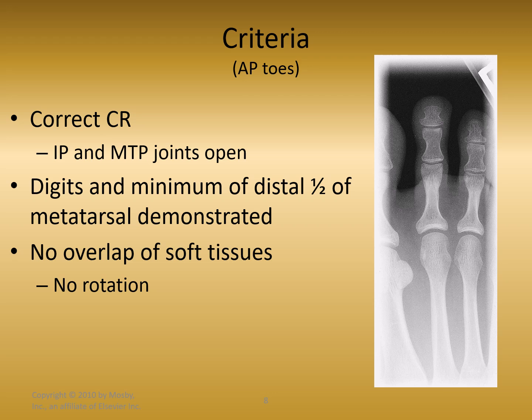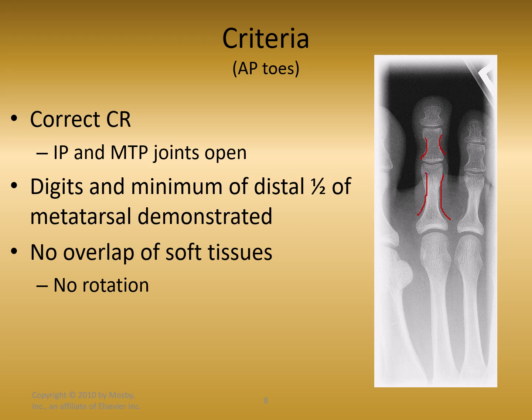Okay, now we're ready to look at the anatomy and how it is supposed to look on our images. We talked about this with the fingers, where we look for the concavity on either side of the phalanx to be equal. Equal concavity on both sides of the phalanx.